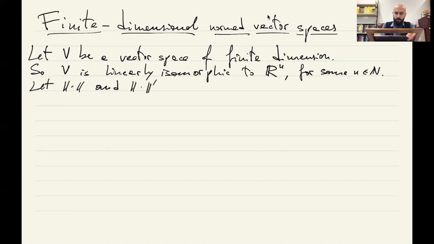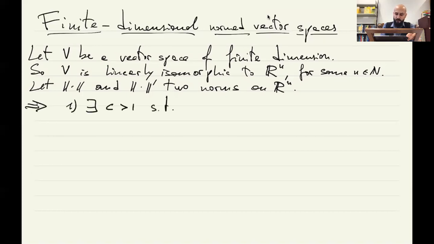So let's take two norms on R^n. So what is true is the following. There exists a constant such that the norms are equivalent up to this multiplicative constant.